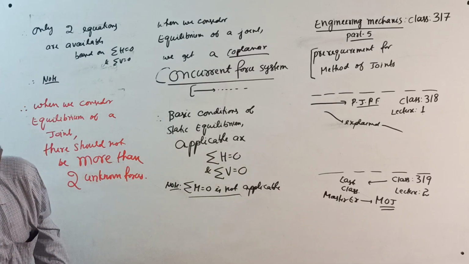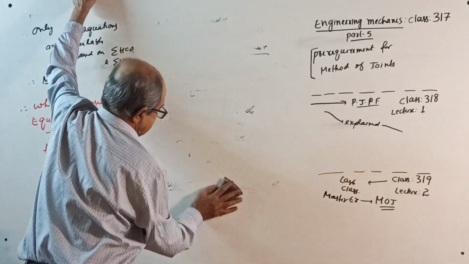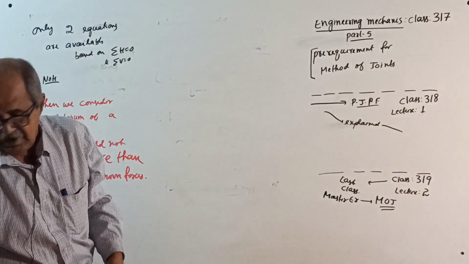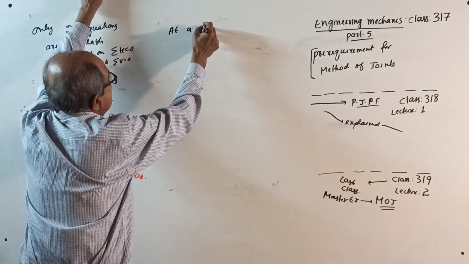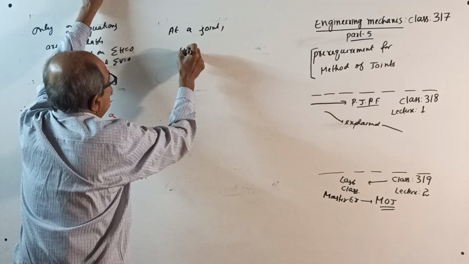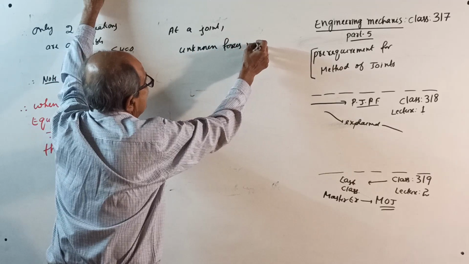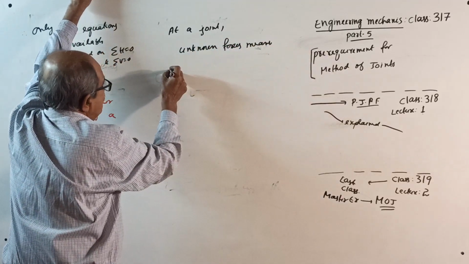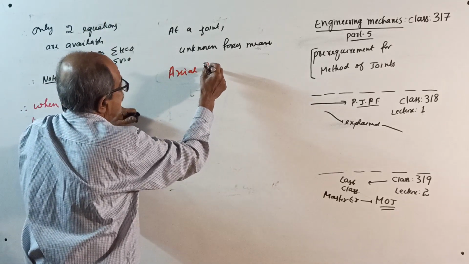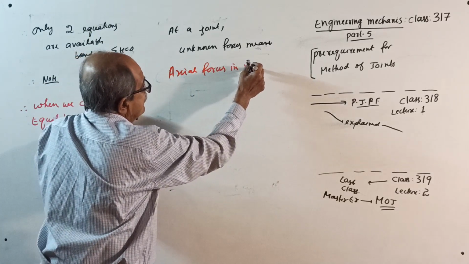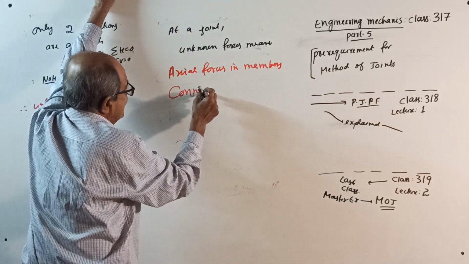Now, what are unknowns? At a joint, unknown forces means axial forces in members connected to that joint.